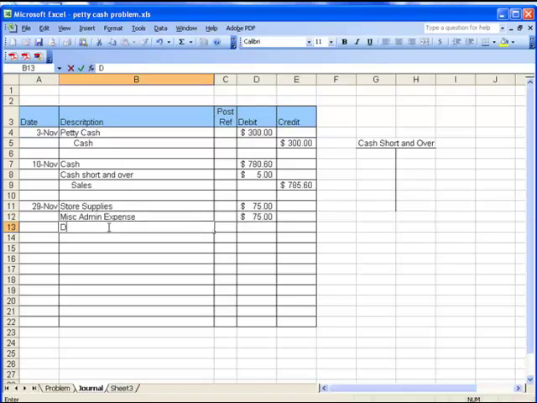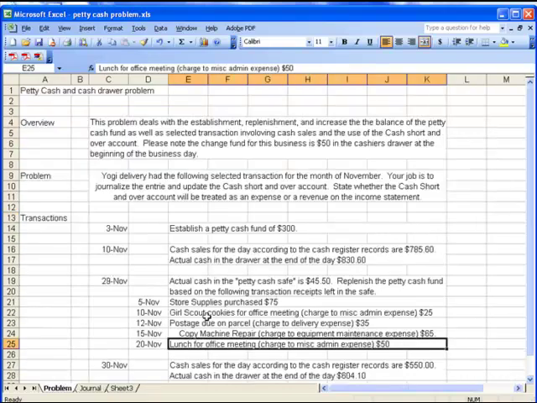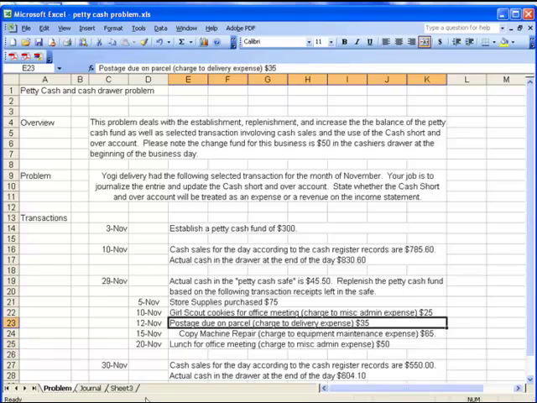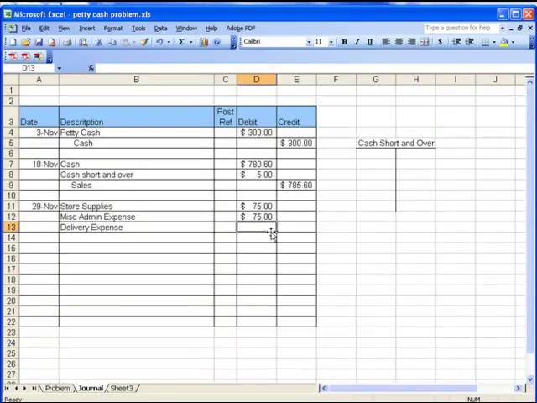We had a delivery expense for some postage due on a package, and that was $35, so that's a debit to that expense for $35. And then we had the equipment maintenance.